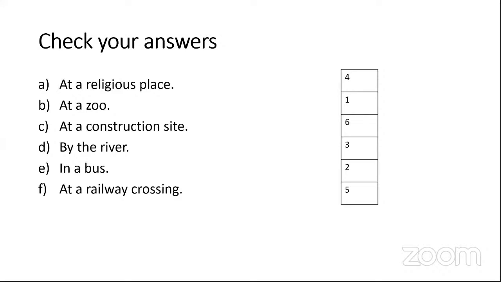C, at a construction site. Construction site, the answer is 6. Men at work. As you see, there are people who make roads, bridges, etc. So in those places, we keep this sign, men at work.